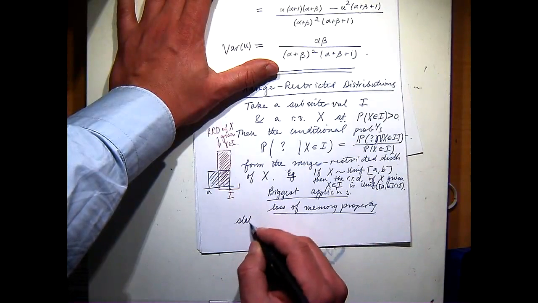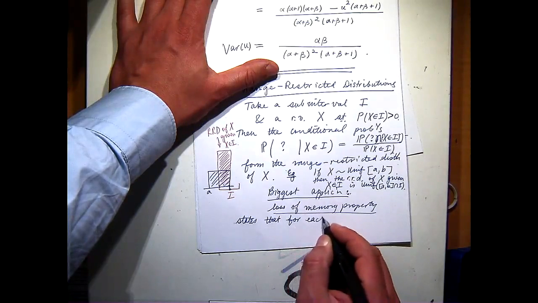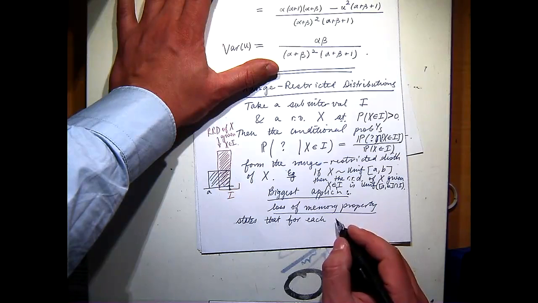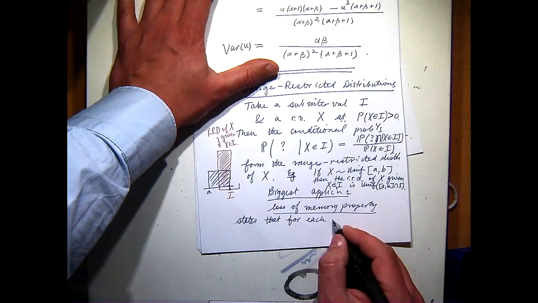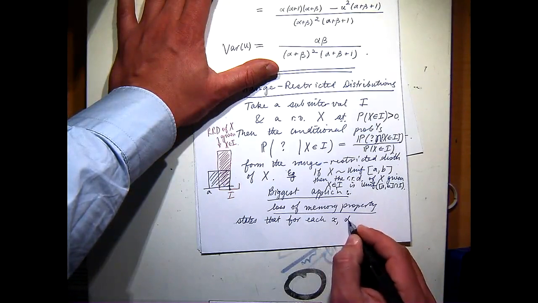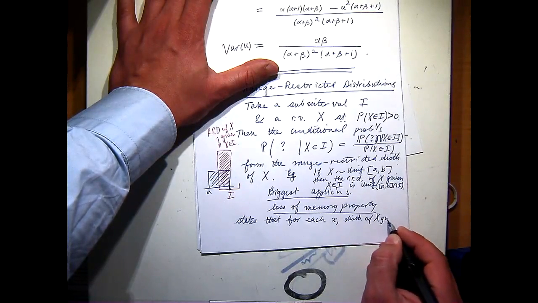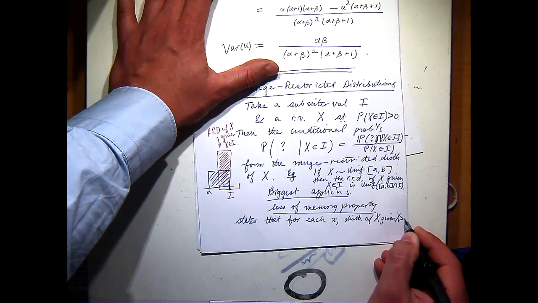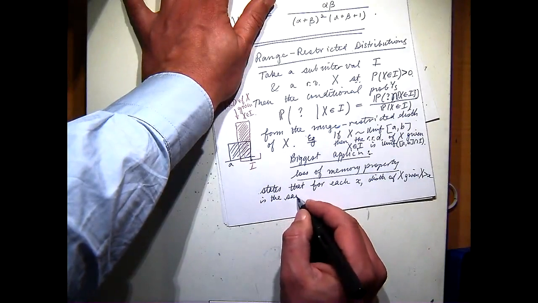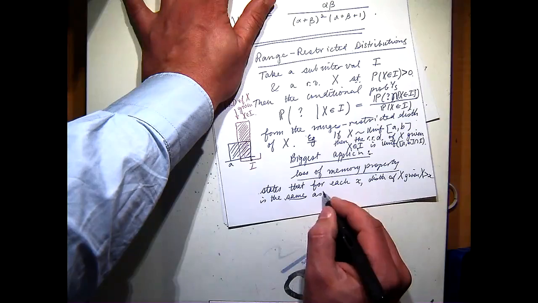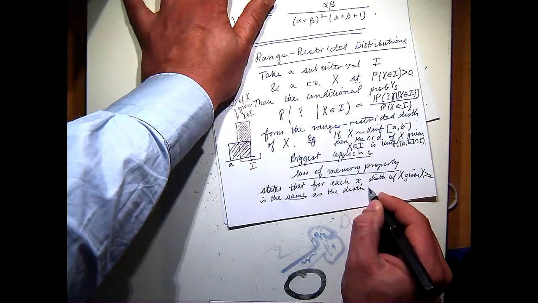It states that for each little x, the range restricted distribution of x given x greater than little x is the same, that's the loss of memory property, as the unconditional distribution of x.